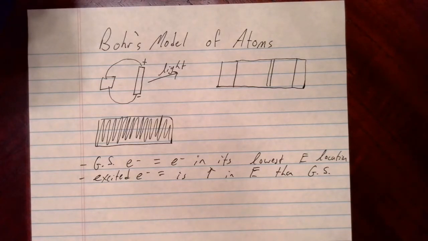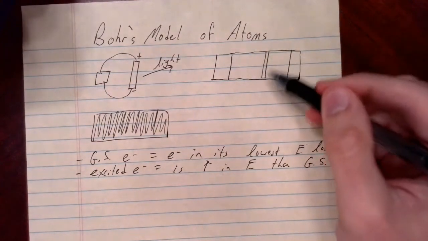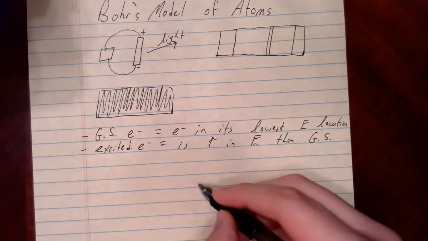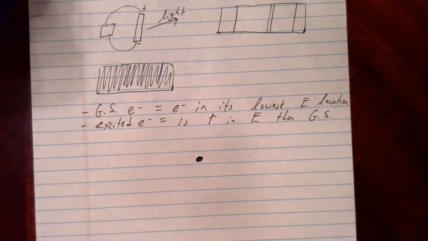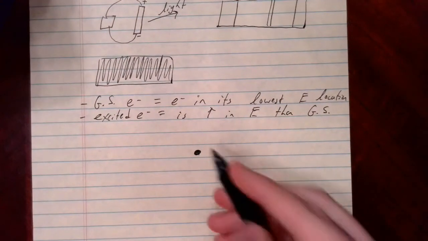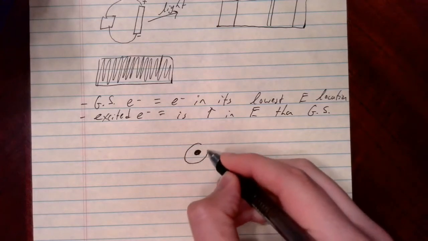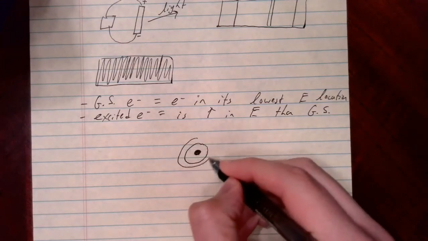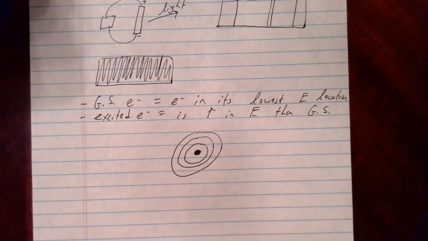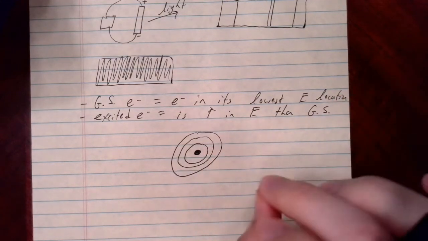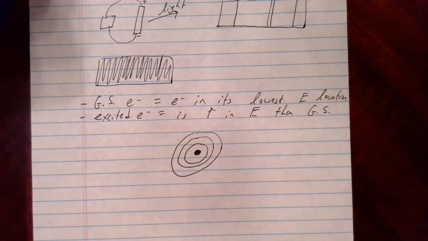So what Bohr proposed, based on what he saw from the line spectrum, was that if you have an atom, we know we have the nucleus, Rutherford has already proven that. He said, well, if we have defined areas, and this is Bohr's theory again, if we have defined areas where electrons can be, and they can only be in those well-defined orbits.